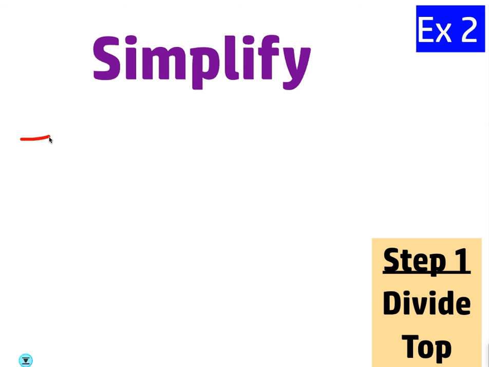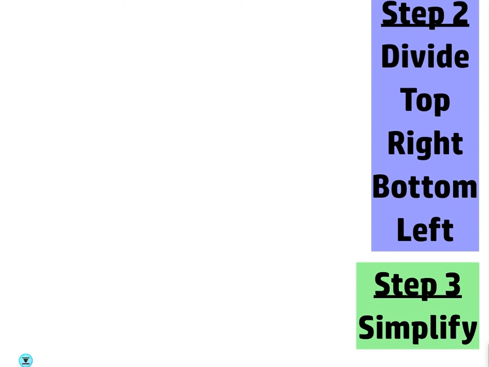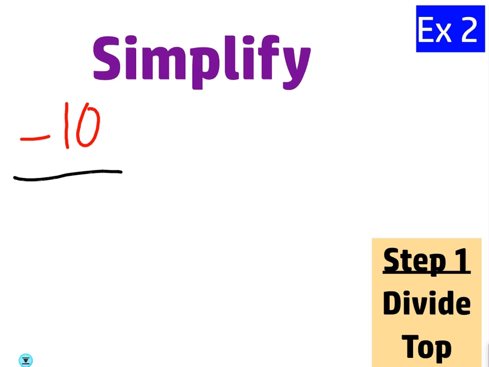So let's have negative 10. 3 steps. Divide top right by bottom left, top left by bottom right, top right by bottom left, simplify. All right, negative 10 over 13 times 39 over 15.